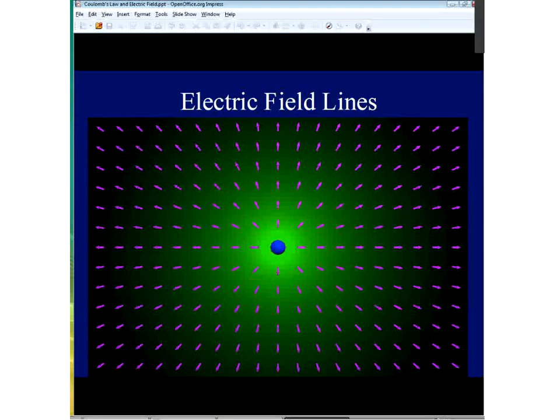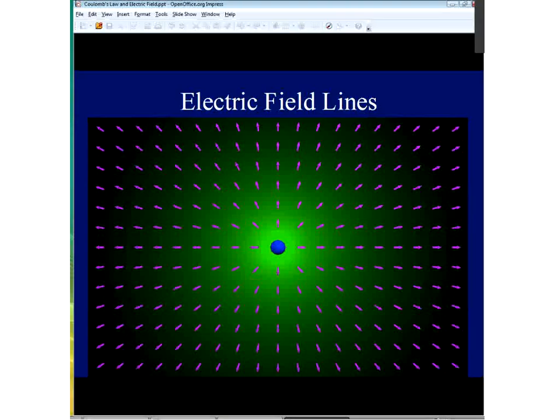Now, we introduce some imaginary lines called electric field lines. And we say that their density would mean the field is strong in that region. Density means closeness. And we say that the arrow will tell the direction.